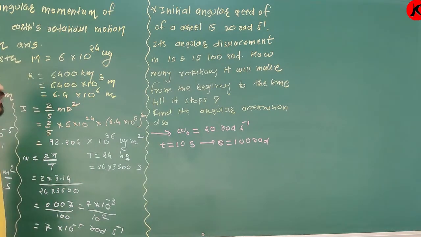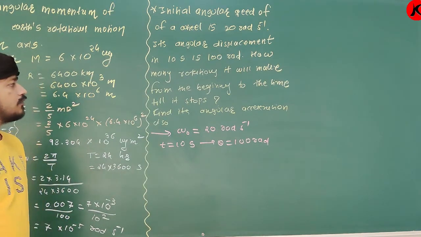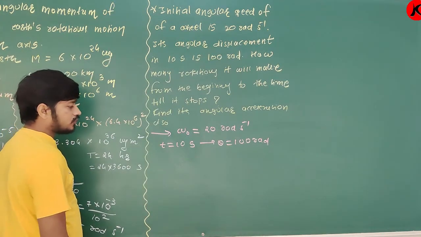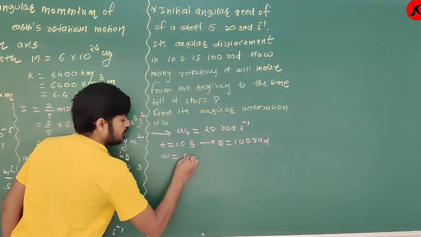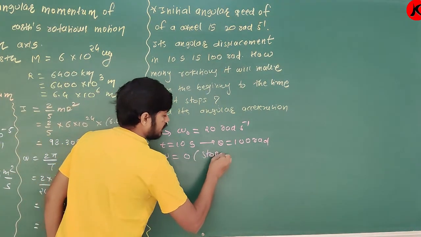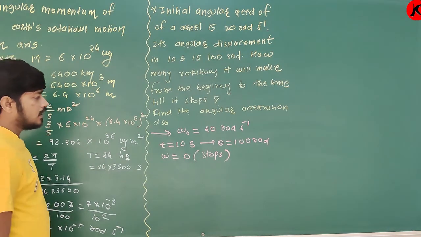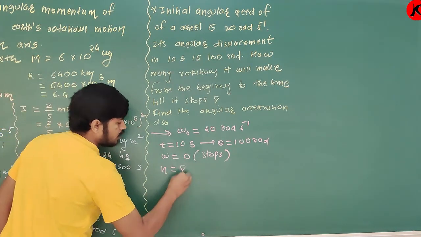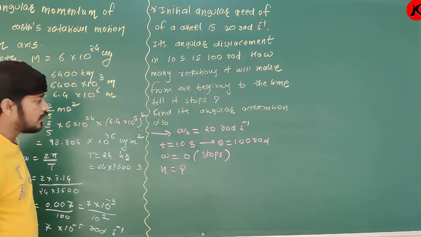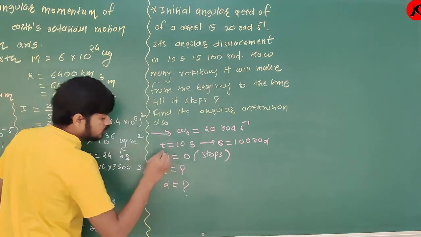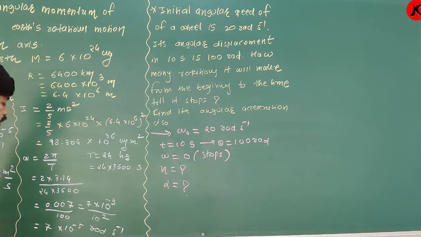How many revolutions will it make from the beginning to the time till it stops? It stops means omega is equal to 0. We have to find the number of revolutions, and find its angular acceleration, means alpha is equal to question mark.